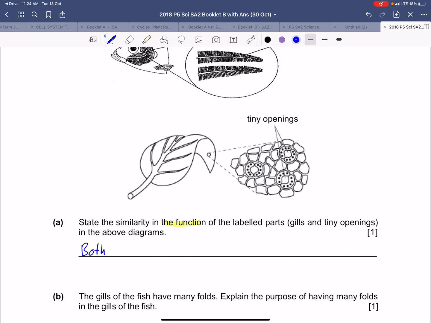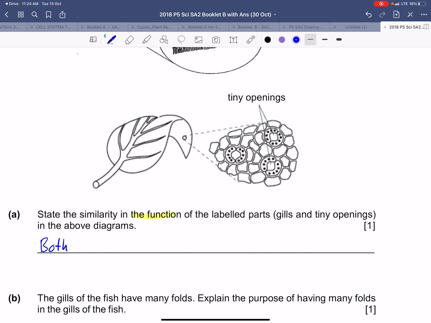So, I mean there are other functions. For example, the stomata has got other functions. Daniel asks, is that all? Obviously not. Another function of the stomata is to allow your water vapor to escape, because it brings up water from the roots of the plant, which I've explained earlier.